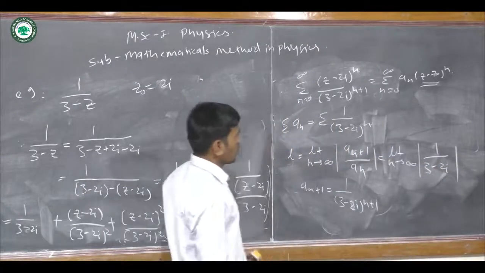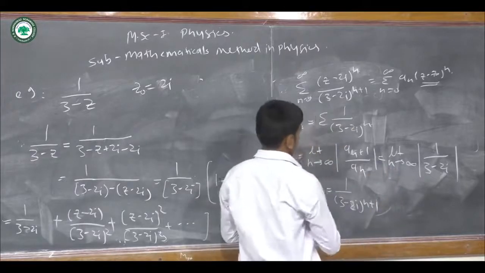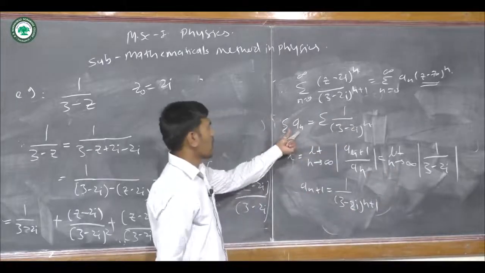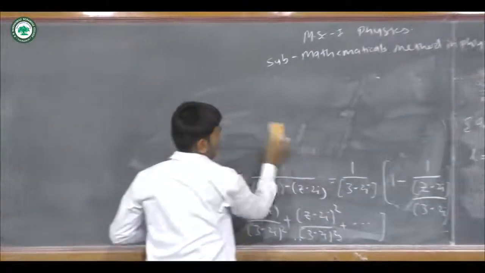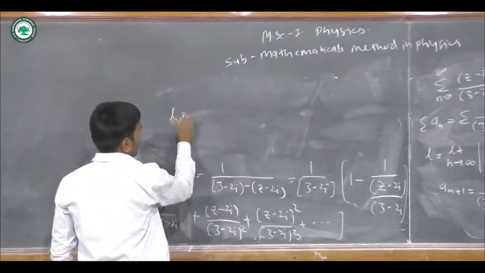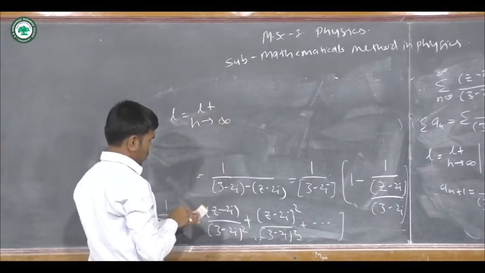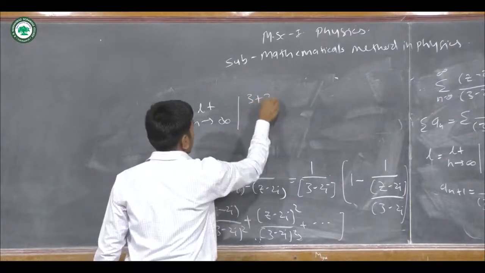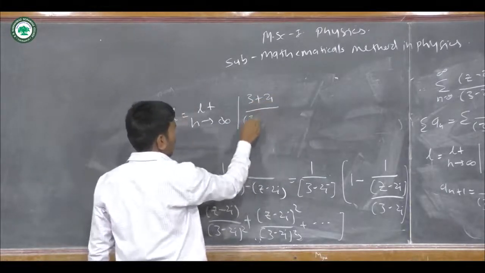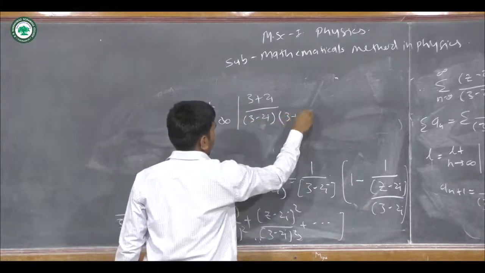If I simplify or multiply these things, L is equal to limit n approaching infinity of the modulus of 3 plus 2i divided by 3 minus 2i into 3 plus 2i.